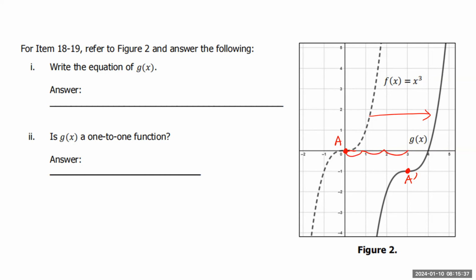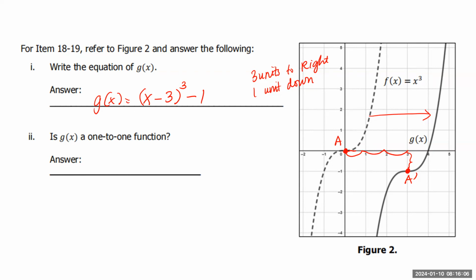So 3 units to the right, then 1 unit downward. So to get the equation of G, G of x is equal to (x minus 3) cubed minus 1.